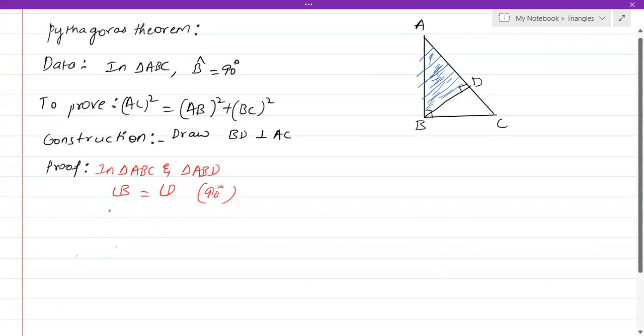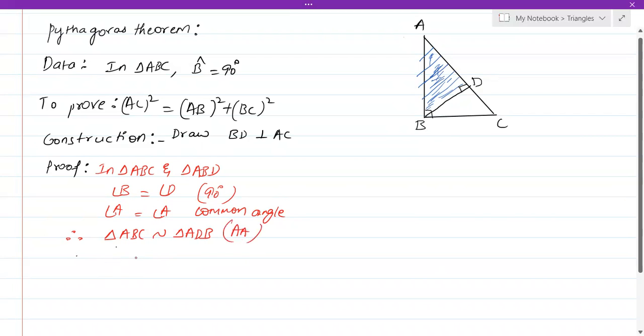And in both the triangles ABC and ABD, angle A is common. Angle A is equal to angle A, common angle. Therefore, the triangles ABC is similar to ADB, using AA criteria.